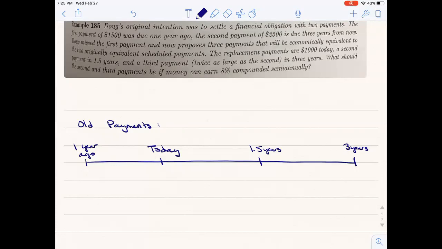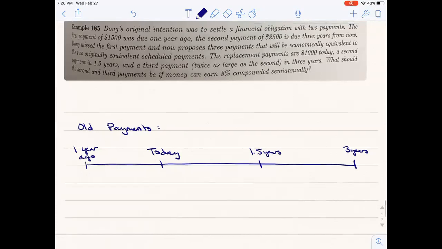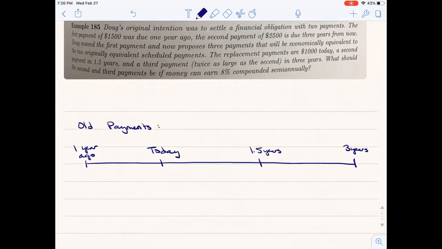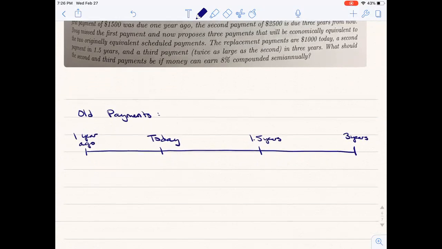We've got today, we've got a year ago, 3 years, 1.5 years, and then you can sort them and put them on the timeline later. So, like I said, I'm going to have this same setup for both of my timelines. And you can put them all on the same timeline. It just gets really messy.